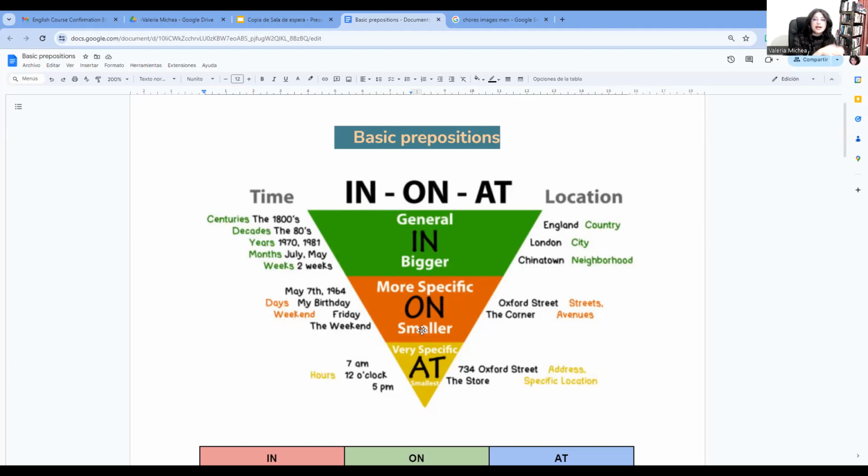For example, I live at 123 America Avenue, or when you want to talk about a specific place. For example, I met him at the supermarket. So those are the specific situations in which you can use at.